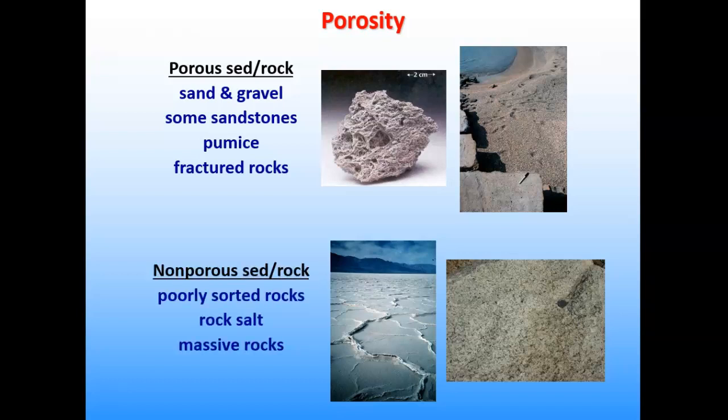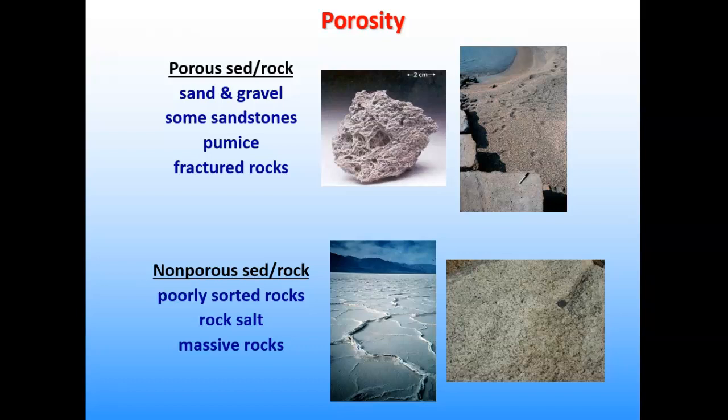Now, we're going to talk a little bit about a term in the next couple slides that is related to porosity and to getting good groundwater. Pumice has a very high porosity, but it doesn't make it a good storer of water because the way the holes are created in a pumice, they are not very well connected. And I'll talk about that in just a second. And then some examples of rocks that are not porous.